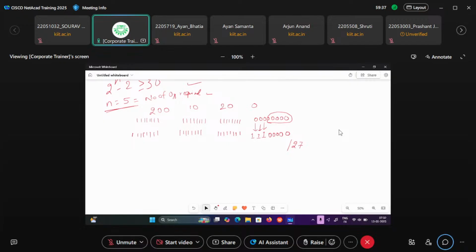The changes happen in the last octet, and the decimal equivalent of this is 224, right? Now calculate the magic number or block size: 256 minus 224. What do you get? 32. The first and last are separate, so you get 30 usable hosts.